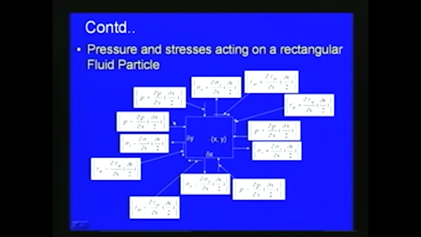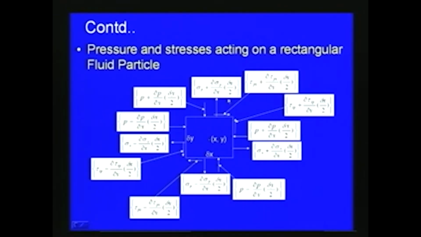The pressure force in this direction is P minus del P by del x into delta x by 2, and in the other direction P plus del P by del x into delta x by 2. In this direction the pressure force is P plus del P by del y into delta y by 2, and in this direction the pressure force is P minus del P by del y into delta y by 2.